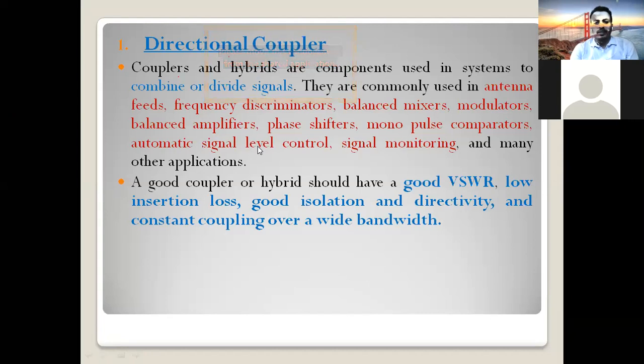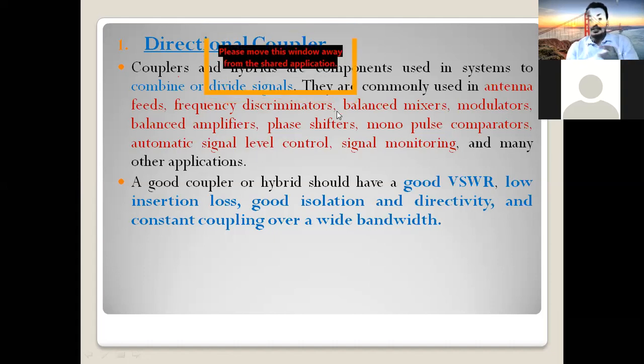We'll start from the directional coupler. We'll discuss different types of directional couplers and different types of hybrids. There are different types, so we'll discuss each type of couplers and hybrids.